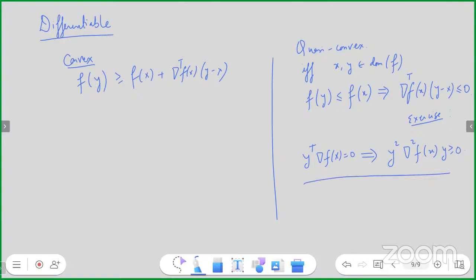And there is also a reverse implication: if this is true for all y not equal to 0, then the function is also strongly quasi-convex. Both of them you can find in the book.